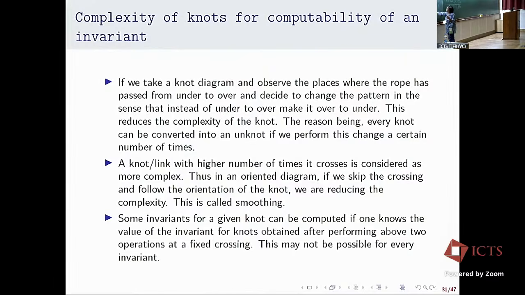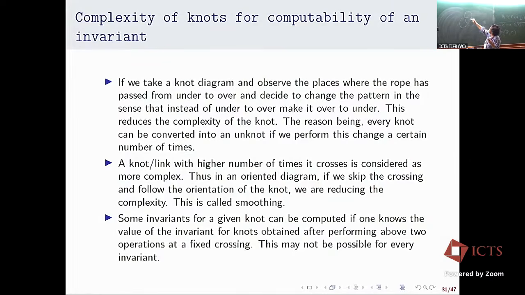First thing is, since my knot or link crosses only finitely many times, suppose something crosses only n minus 1 times and another one crosses n times. I will think that the less it crosses, the less complex it is. So that's one thing. Given any knot, for instance, suppose I am drawing this 3 crossing knot.